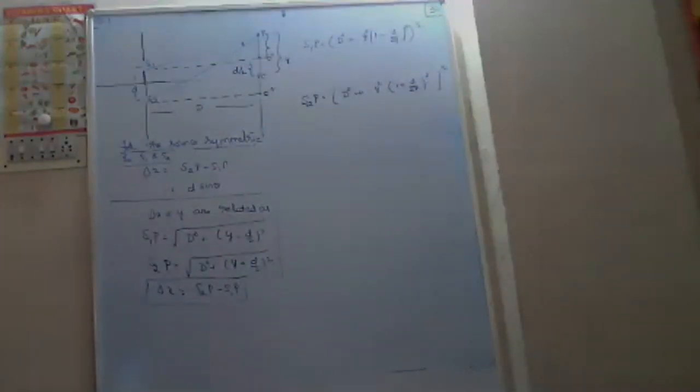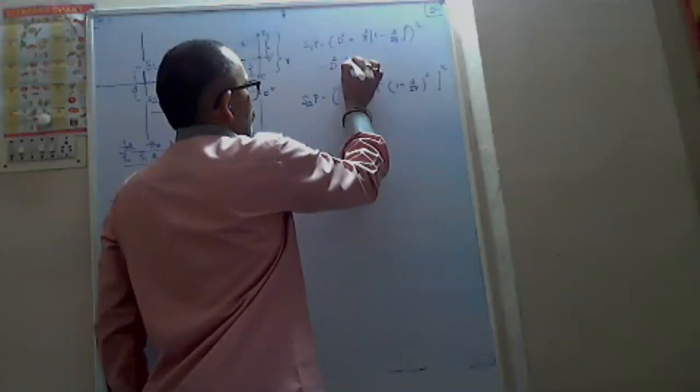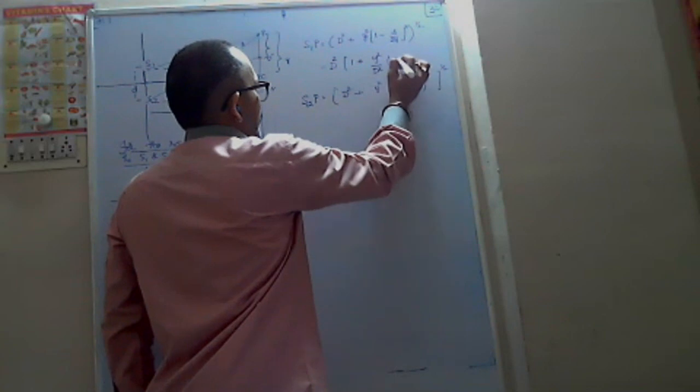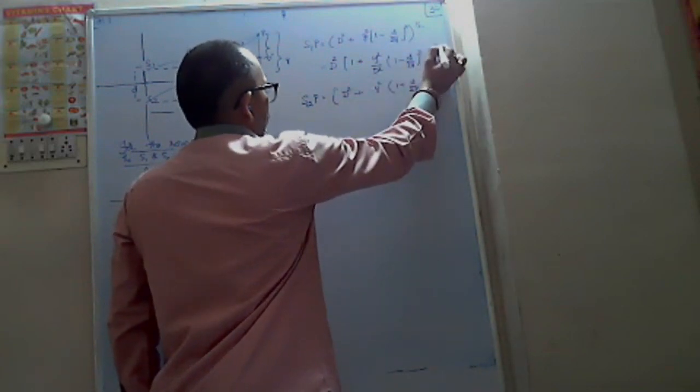Then I can write this as D square into 1 plus y square by D square into 1 minus d by 2y whole square, whole power half.